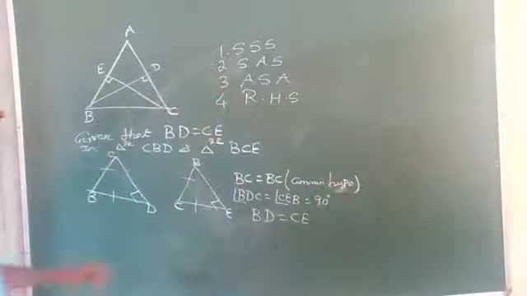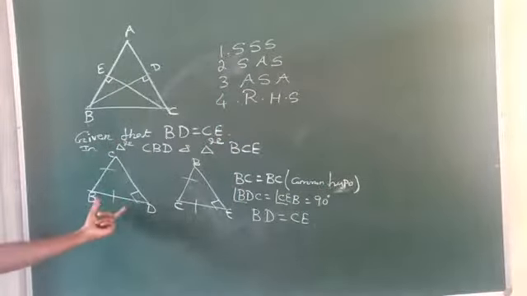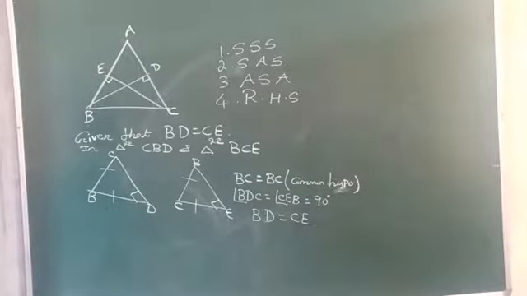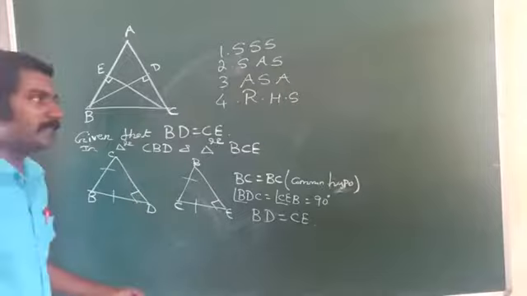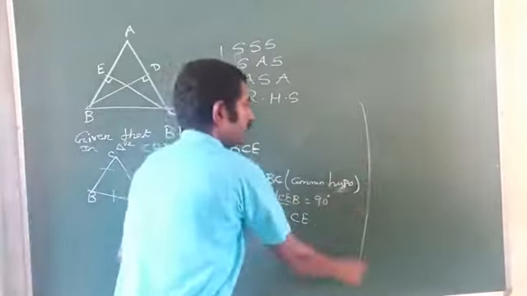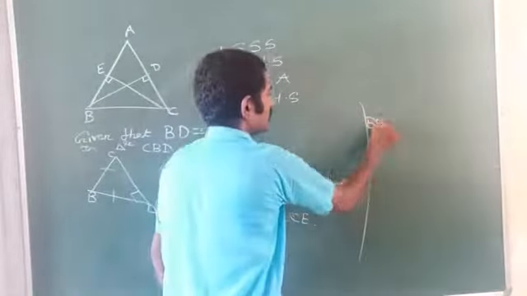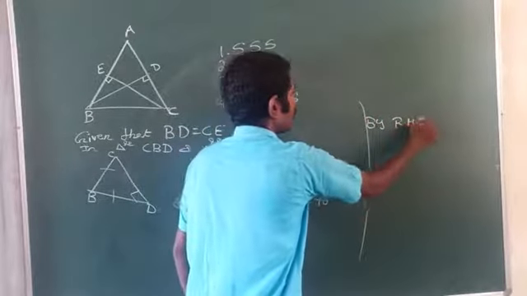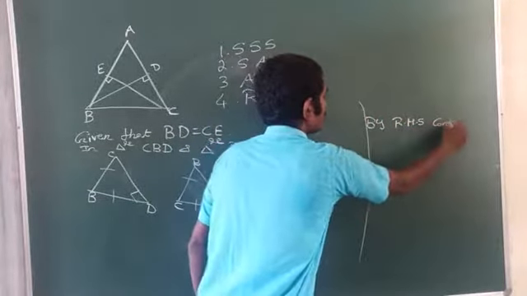Then one angle is 90 degrees. After that, one of the sides of the two triangles is equal. So therefore, these two triangles are congruent. Under which criteria? By the RHS congruence rule.